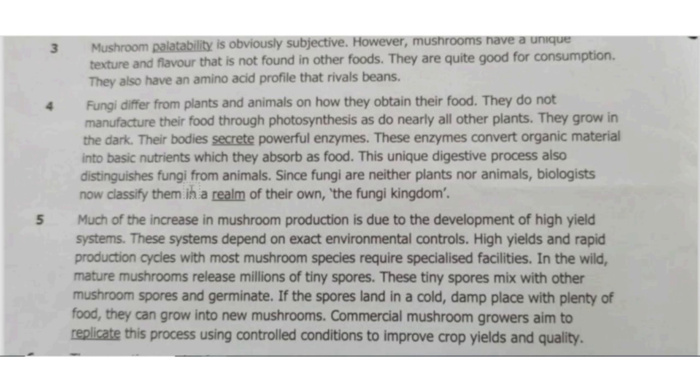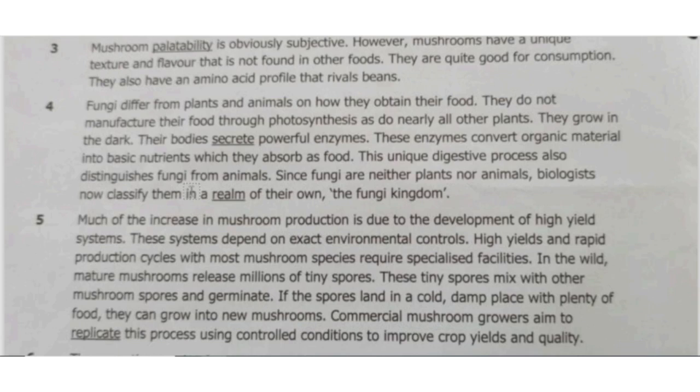Fungi differ from plants and animals in how they obtain their food. They do not manufacture their food through photosynthesis, as do nearly all other plants. They grow in the dark. Their bodies secrete powerful enzymes.